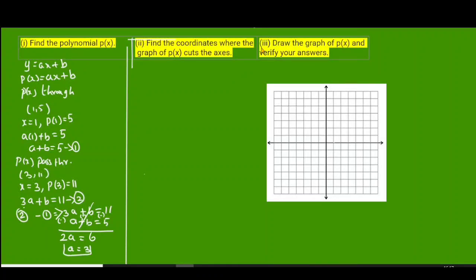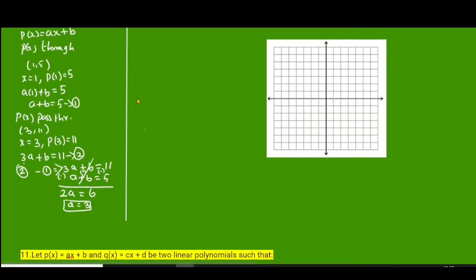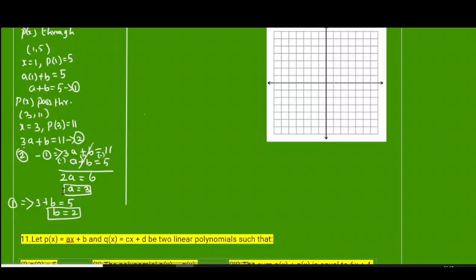A is 3. Replace this a to get b. Substitute a in the first equation. Our first equation becomes 3 plus b is equal to 5, nothing but b is equal to 2. So a is equal to 3 and b is equal to 2. So what is our P of x now?